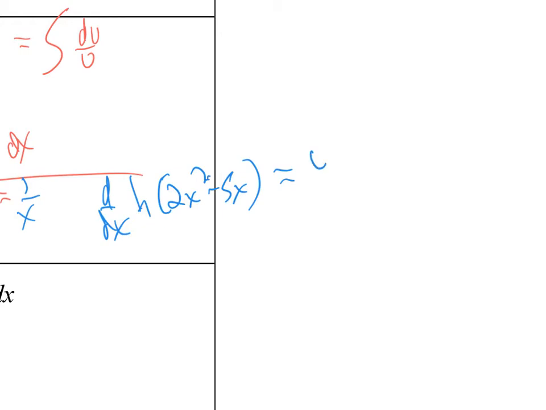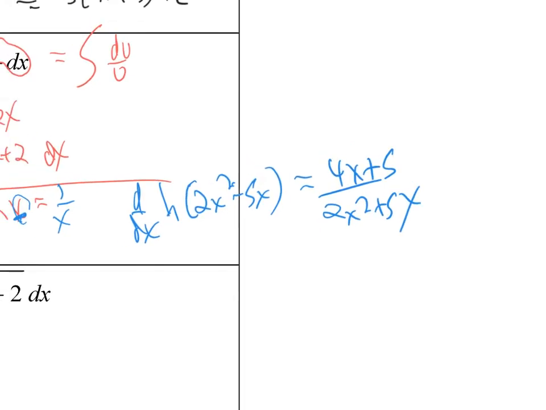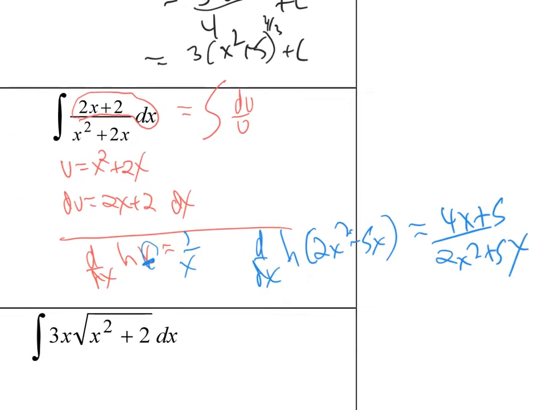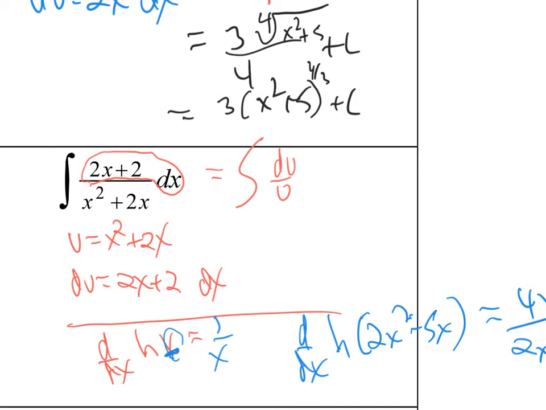4x plus 5 over the 2x squared plus 5x. Remember that? Well, that's the same thing that's happening here. I'm looking at something that was a natural log, because that answer is natural log of u.